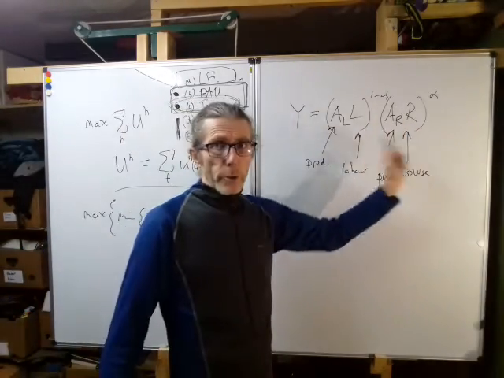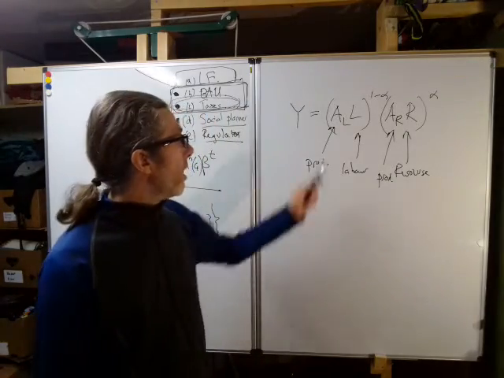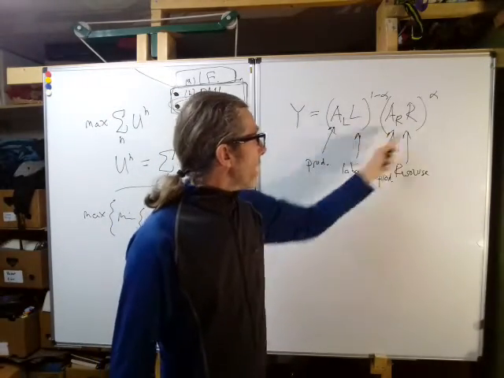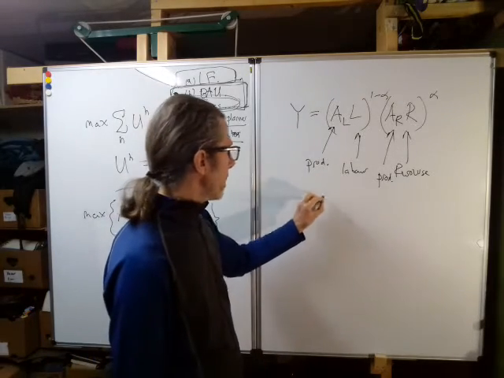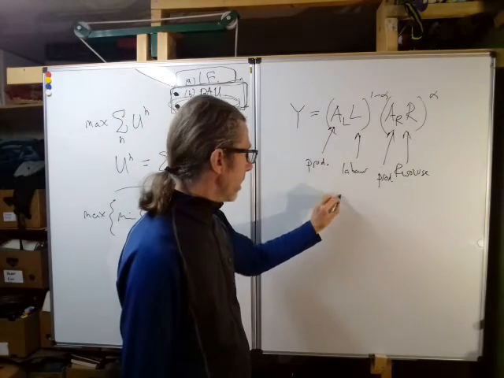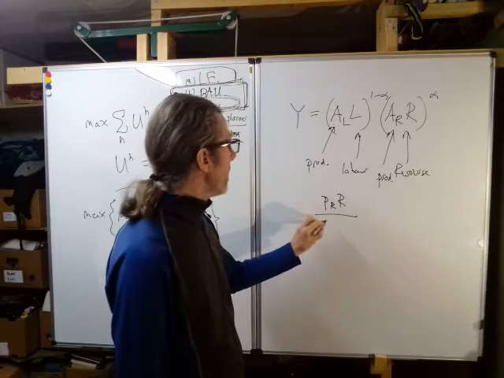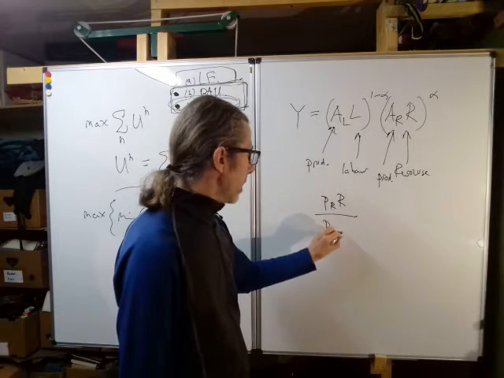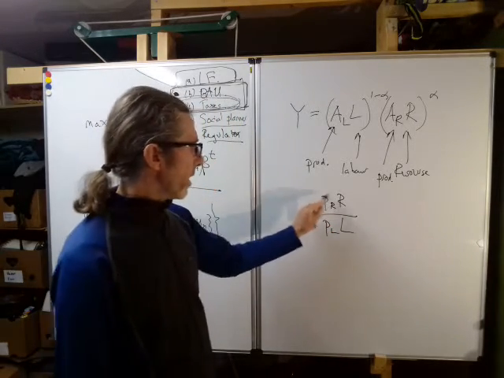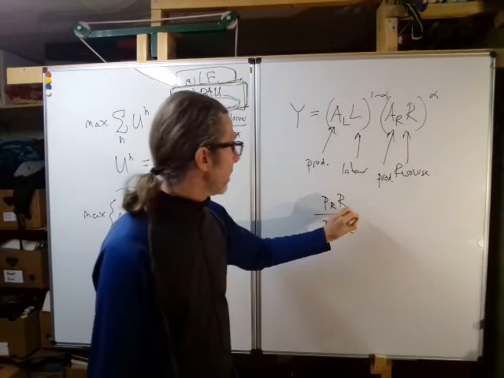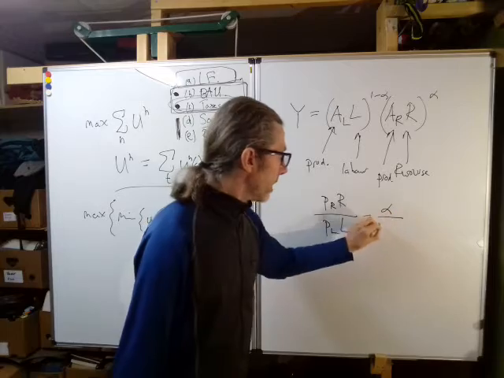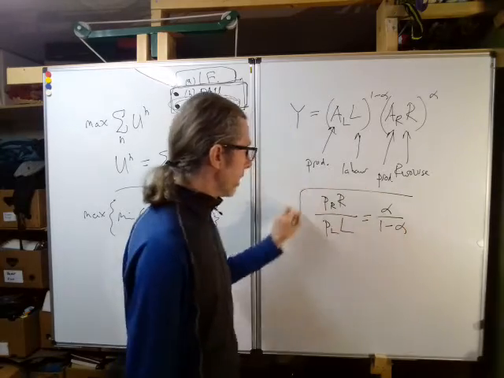And without going through all the derivations, based on this production function, we can pretty quickly work out that PR R over PL L, where PR is the price of resources and PL is the price of labor, should always be alpha over 1 minus alpha.